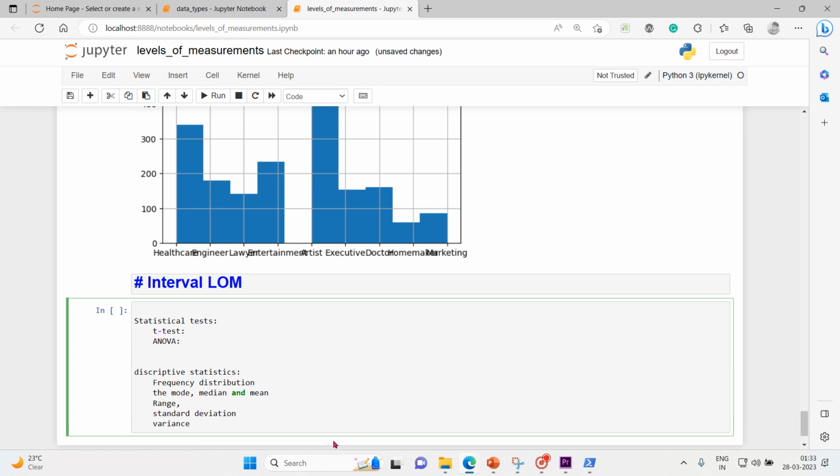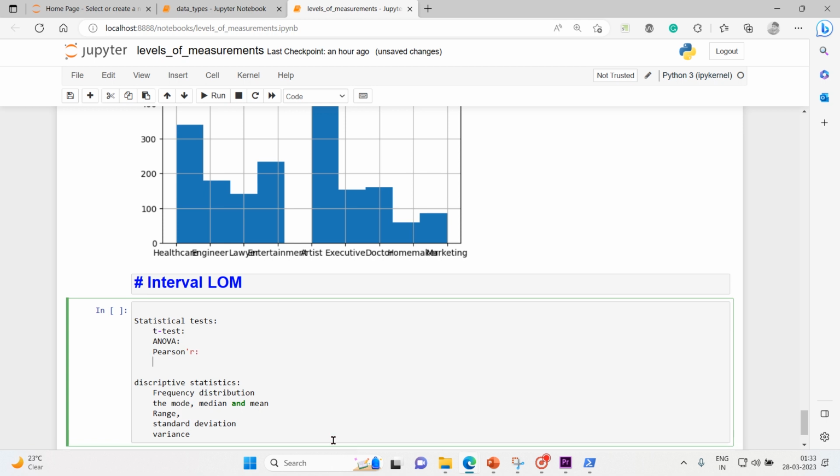Then we have Pearson's R, to see if there is a correlation between two variables. For example, is there a relationship between a person's income range and their IQ score?